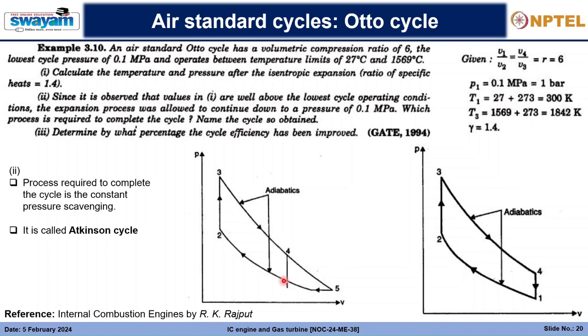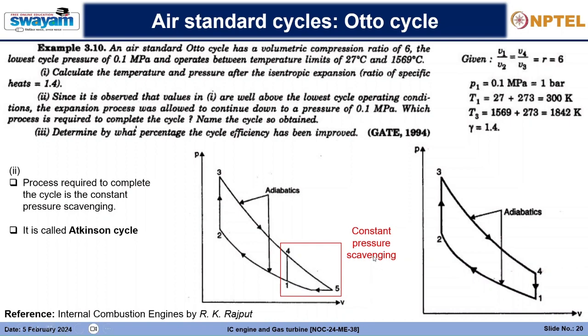Sometimes what happens is that the fresh charge also gets mixed with the burnt gases from the previous cycle, and both the fresh and the burnt gases go out through the exhaust valve, so that is not available for combustion. That is called scavenging, and this constant pressure scavenging needs to be done. Accordingly, since we are now expanding over a very long process, it will be beneficial. So this is constant pressure scavenging.